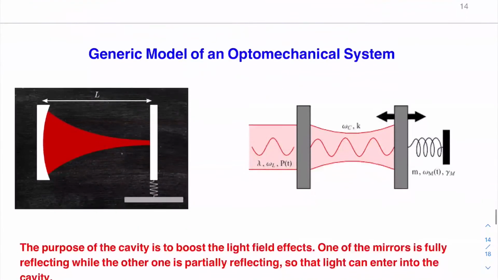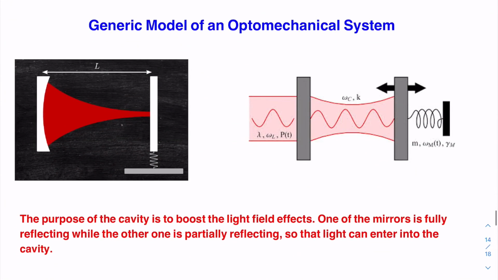Now the generic model of an optomechanical system is shown here. It is a system with two mirrors, with one fixed and the other movable. The movable mirror is characterized by mass m, oscillation frequency omega m, and a phonon decay rate gamma m. As you know, this mirror is movable, that means it is vibrating, and the quanta of vibration is called phonon.